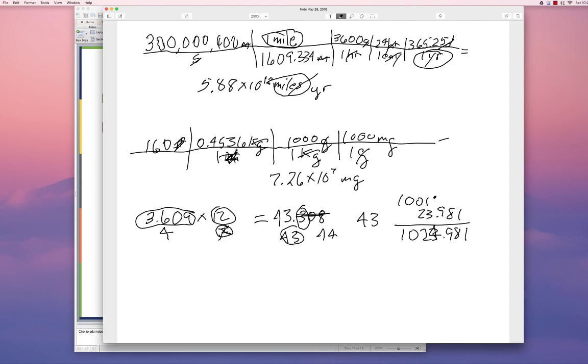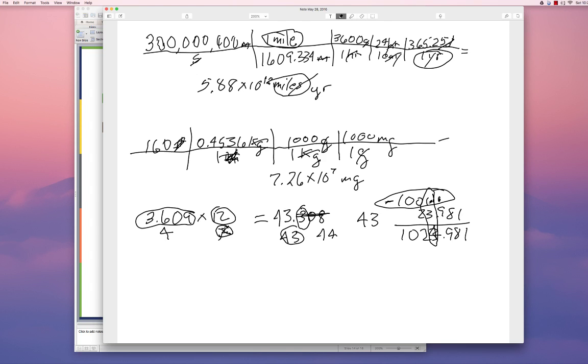Now, the greatest uncertainty here is the last one, we know, is the ones place. This is where the uncertainty for this measurement starts. And so it controls the answer, the precision of the answer.